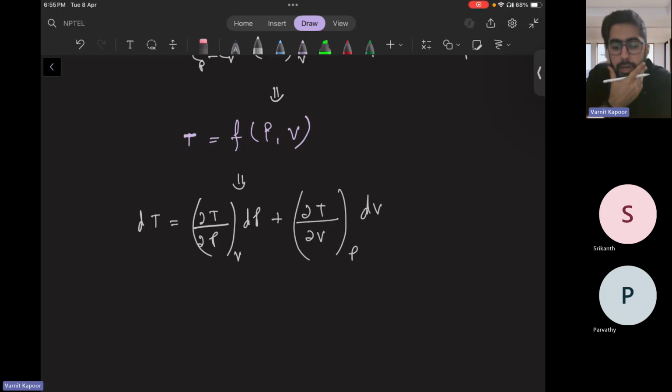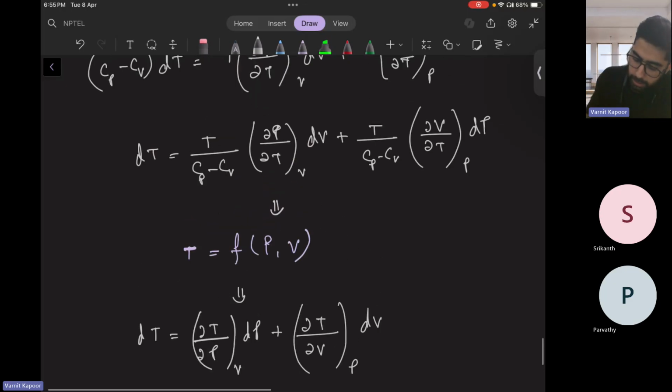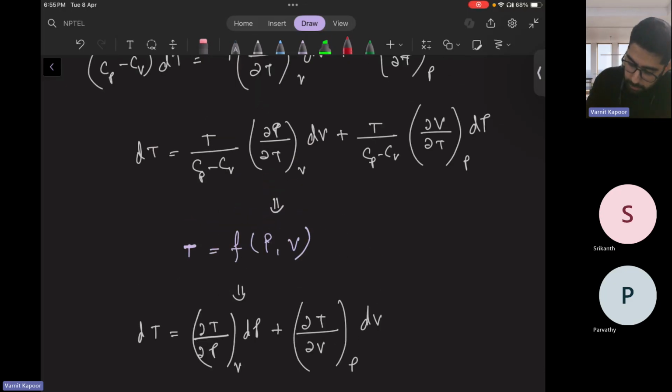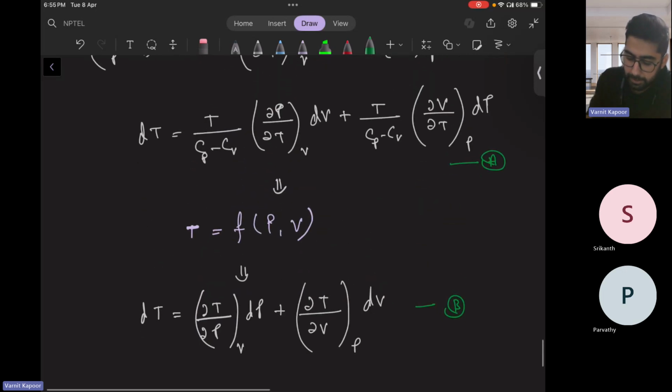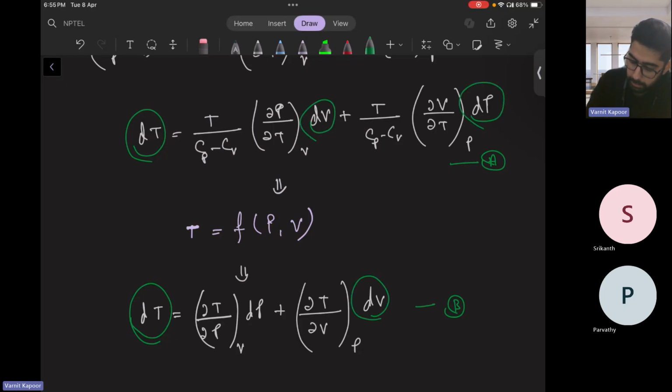Now you will again compare the coefficients between the above equation. This is your equation A, and this is your equation B. Now you will compare because both are dT only. This is dV, this is dV, this is dP, and this is dP. So you will compare this with this, and this with this.